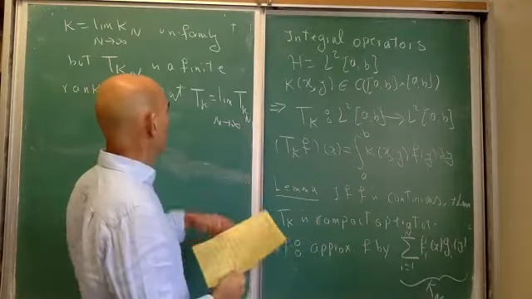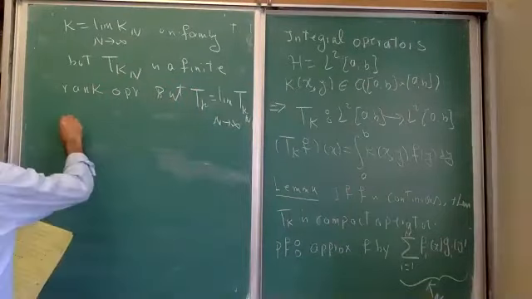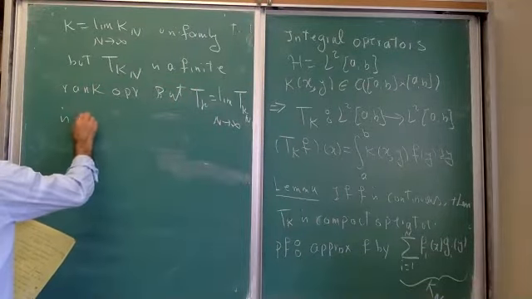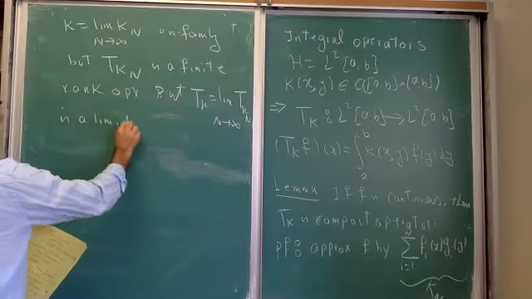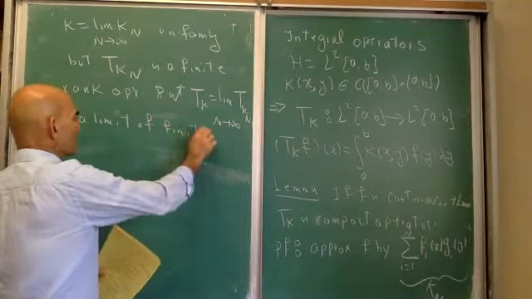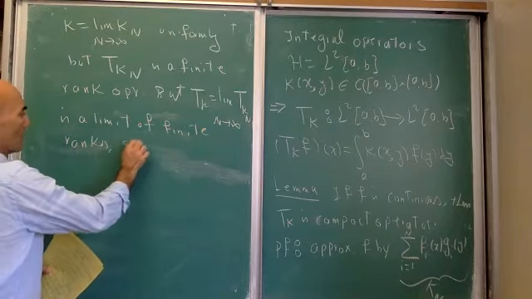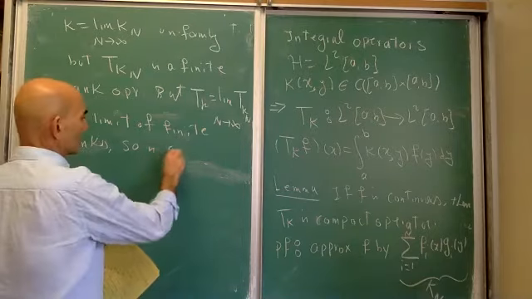So it follows that T of K is compact, because it is a limit of finite ranks.